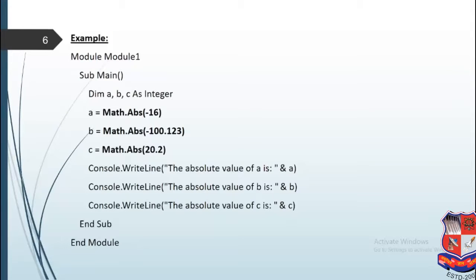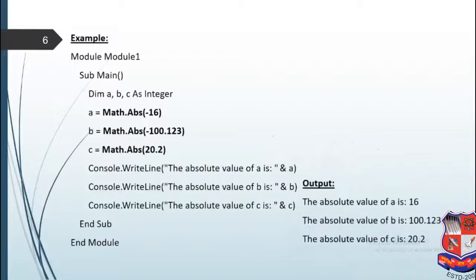Here is an example of the ABS function. In this example we create one module. In this module we first declare 3 variables a, b, c as integer. Then we pass the ABS function using Math.Abs with the values -16, -100.123 and 20.2.